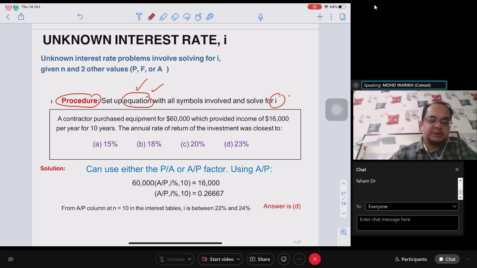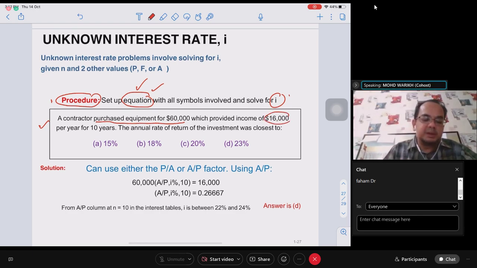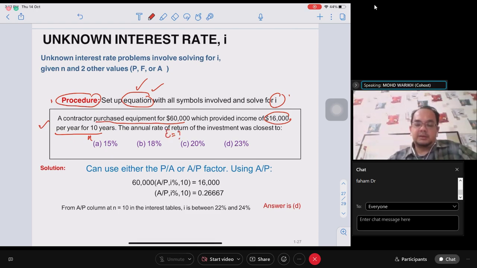We go to the example. A contractor purchased equipment for 60,000 ringgit which provided an income of 60,000 ringgit per year for 10 years. The annual rate of return of the investment was closest to what? This means you have to find i. So it's up to you, it's open to you.